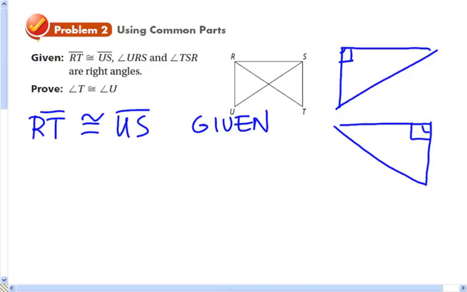And we're also given that RT is congruent to US. And since they both share side RS, we can say that those two are congruent by using the reflexive property. And then we can use the hypotenuse leg theorem to prove this.